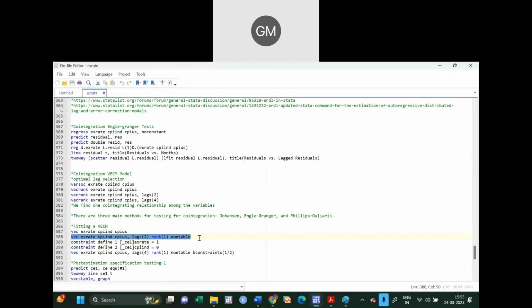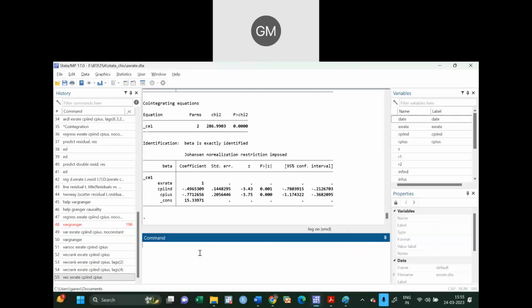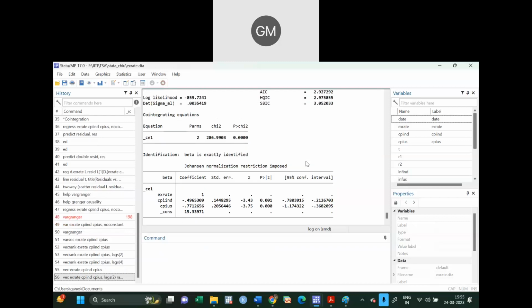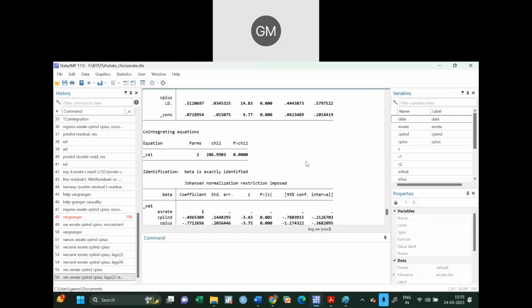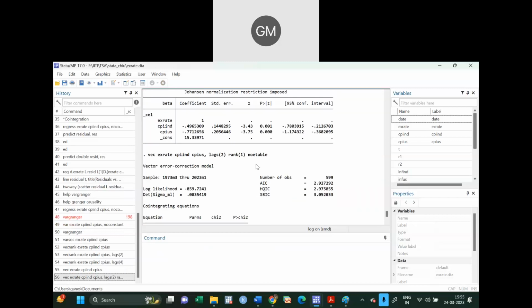Lags to rank 1. Exchange rate, CPI India, CPI US, lags to rank 1. If you do not want that big table the way we got earlier, then we can include this command, noetable, right?